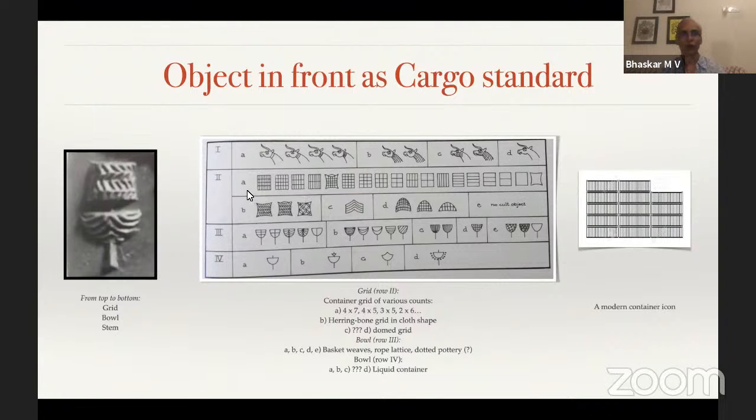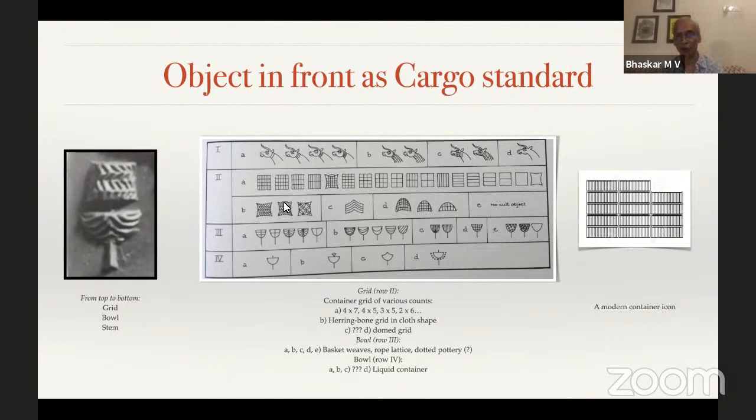We will go through row 2, which is row 2A. 2A is basically a grid of 4 by 7 or 4 by 5 or 3 by 5 or 2 by 7 or a square of 4 by 4, with a variation in the shape and something at the top as well, which incidentally, if it's a cargo, is actually the hook that a crane can lift it with, and today we see it everywhere.